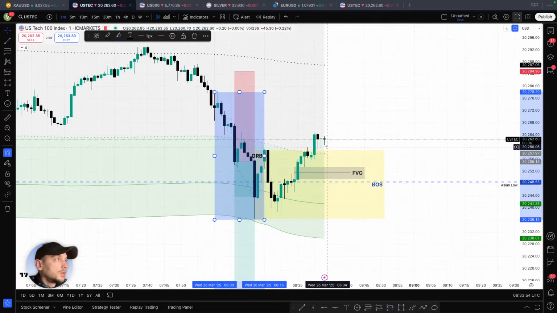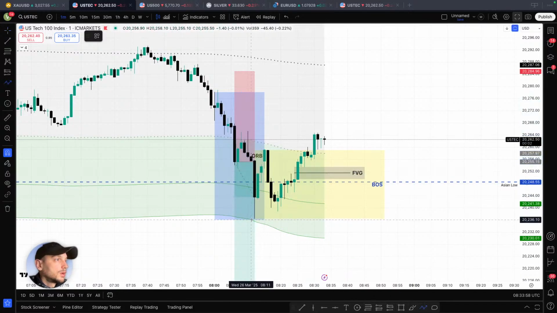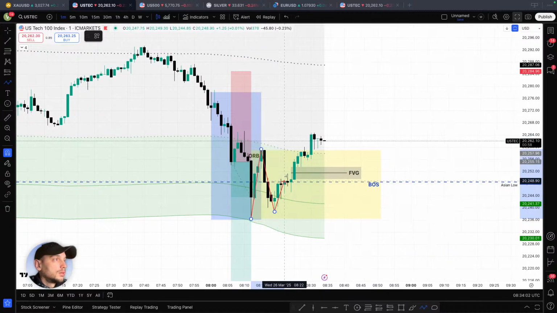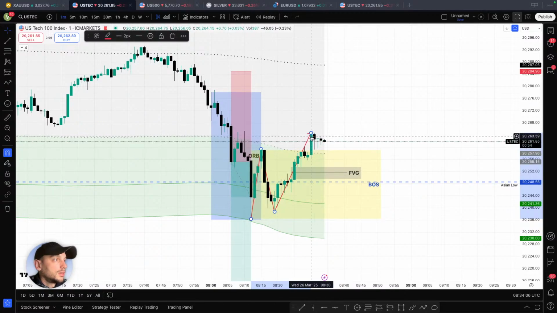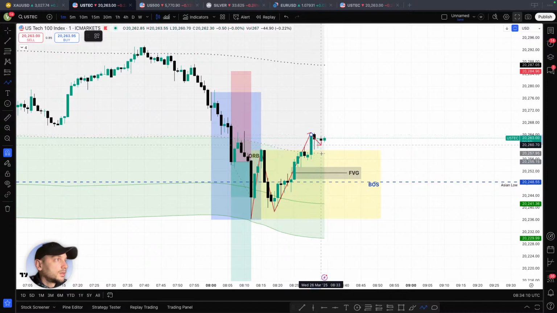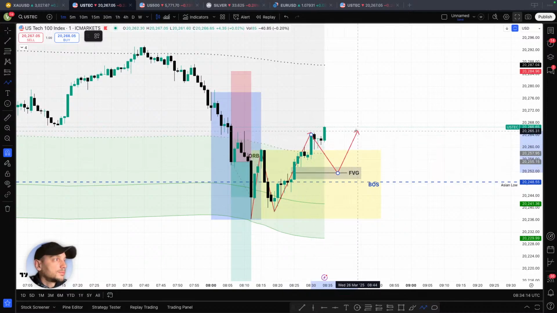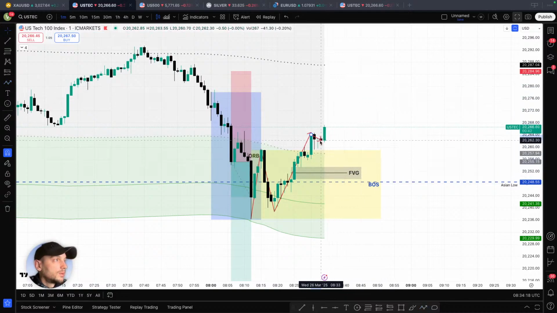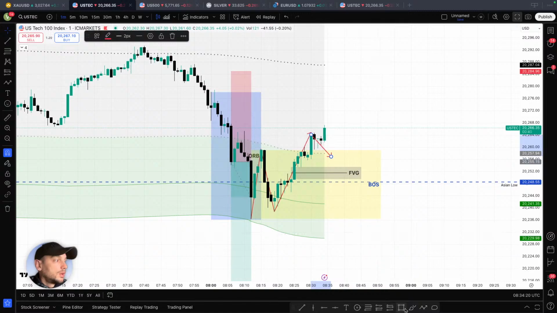But it looks more tempting now if the price does something like this. We had low, we had high, low, we made new high. So this is the breaker here. This candle made the breaker. And if we see the price go back to this fair value gap and we see some reaction, or if the price comes back to the break of structure, that's the other option.